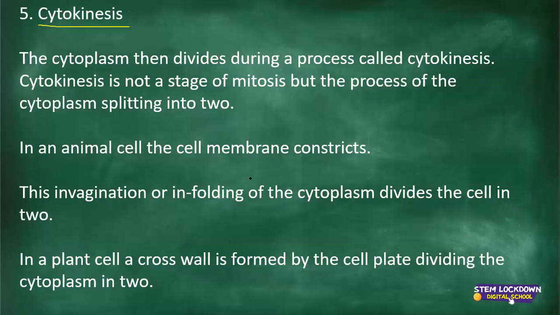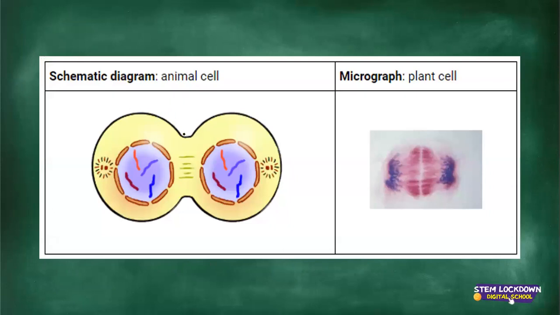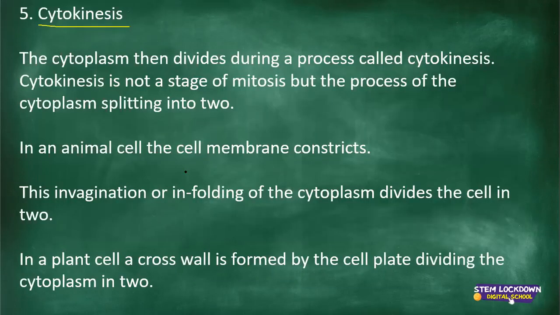In an animal cell, the cell membrane constricts, meaning it is reducing in size, closing up. This invagination or infolding of the cytoplasm, look here, there's infolding happening here. The infolding of the cytoplasm will divide the cell into two.